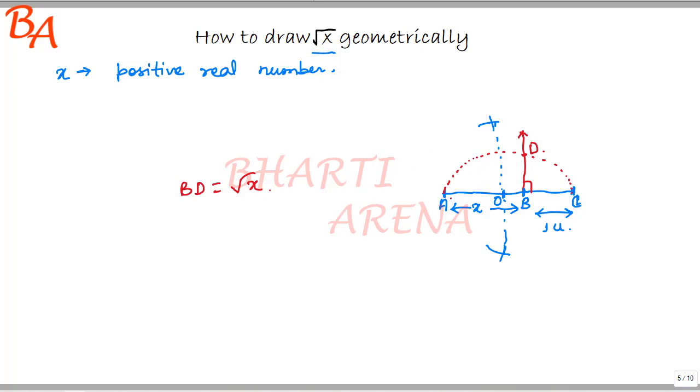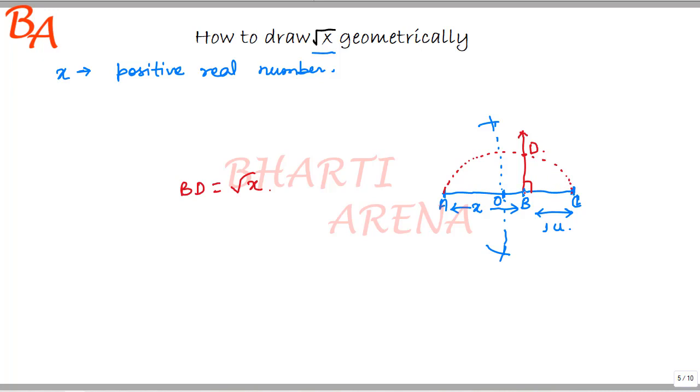So it is quite easy. First draw AB of x units, mark C so that BC equals 1 unit, and bisect AC and take point O at the bisection, and draw a semicircle by taking OA or OC as radius. Both will be the same there.